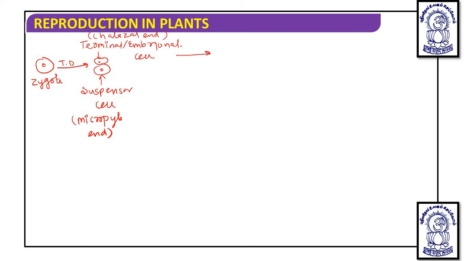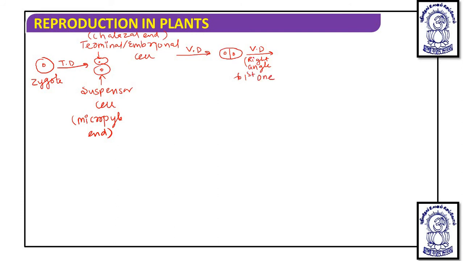Now what happens to this terminal end first? It undergoes vertical division. If it undergoes vertical division, two cells will be produced. Then again it undergoes vertical division, but this vertical division is at a right angle to the first one.